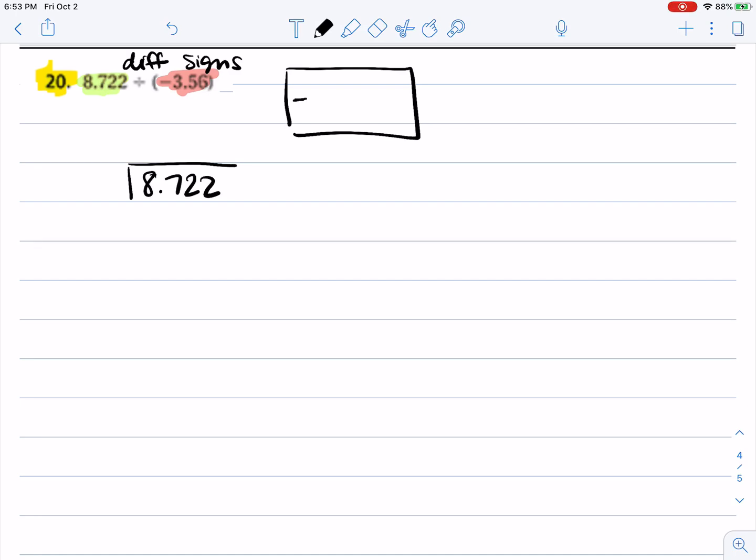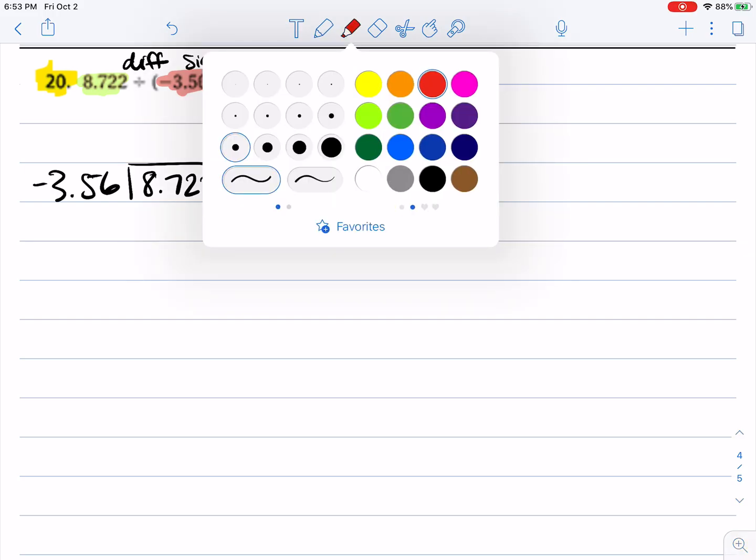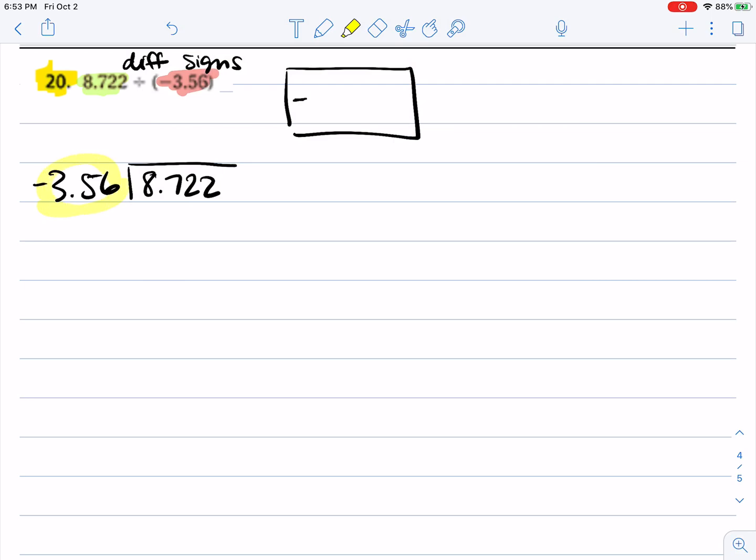8.722 divided by negative 3.56. Okay, so we do not like having decimals in our outside number. I think that's called the divisor.